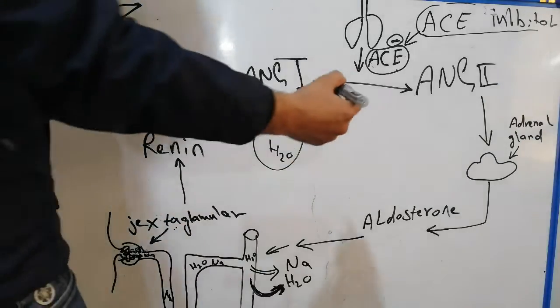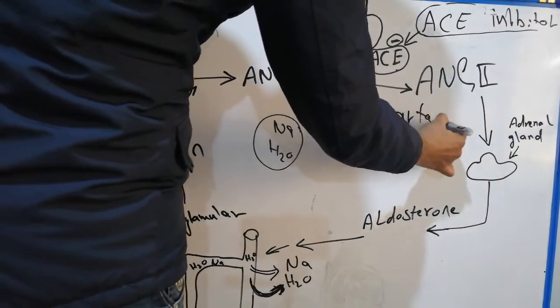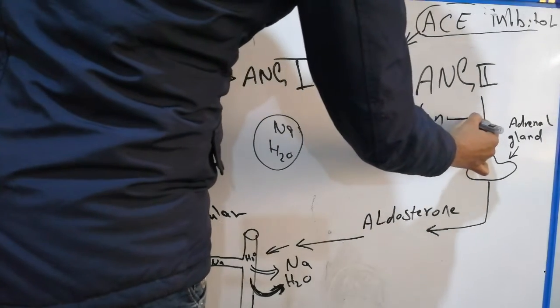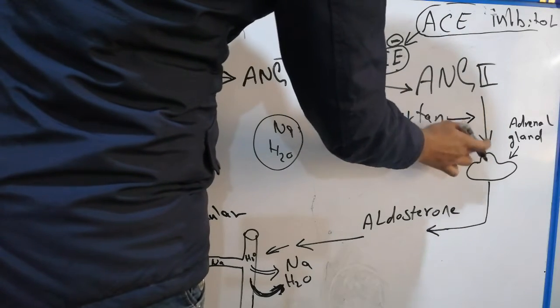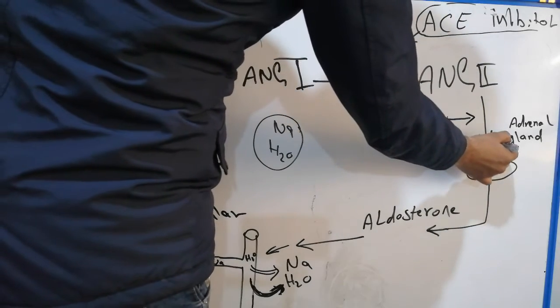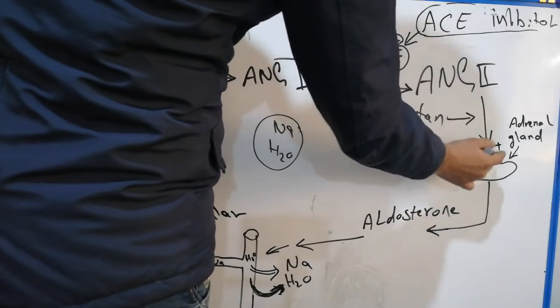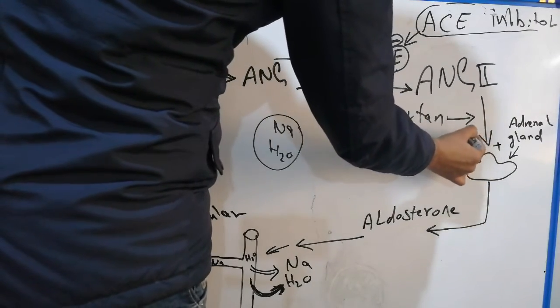There is another drug, called sartan. Sartan acts by inhibiting angiotensin 2, blocking its receptors on the adrenal gland. So there are receptors for angiotensin 2 in the adrenal gland, and sartan is blocking these receptors.